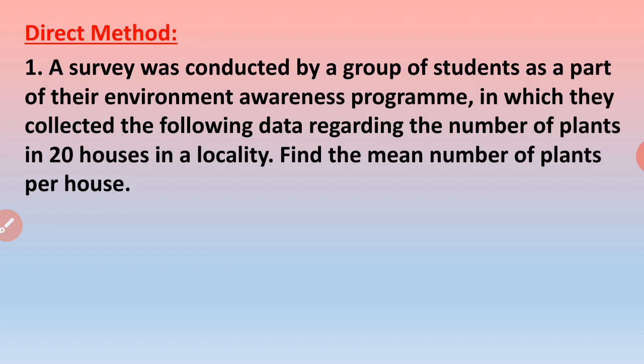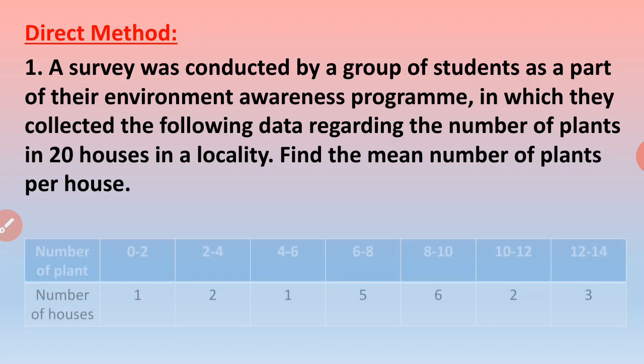Direct method. This is the very first method which we are going to talk about. Here, question number 1 reads: a survey was conducted by a group of students as a part of their environment awareness program, in which they collected the following data regarding the number of plants in 20 houses in a locality. Find the mean number of plants per house.